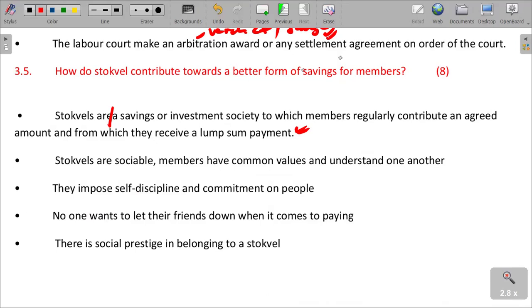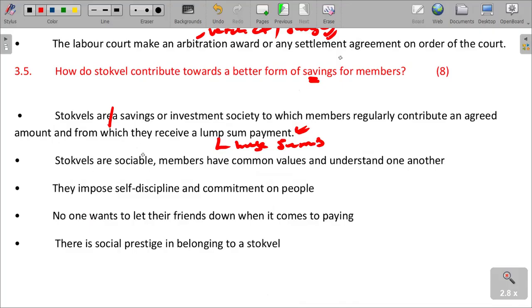So it's a better savings because members contribute regularly. They put their savings regularly, and that regular payment is an agreed amount which they receive in huge sums at the end of the day.